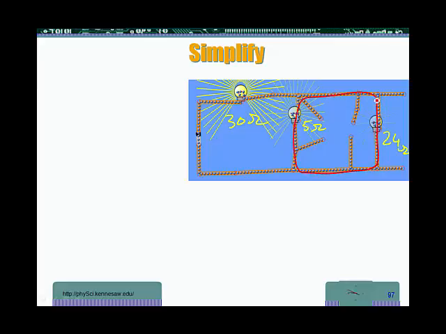These two are in parallel. So 1 over R in parallel is equal to 1 over 5 ohms plus 1 over 24 ohms. Okay, I'm not sure about an easy common denominator, so I'm going to multiply this one by 24 and this one by 5.